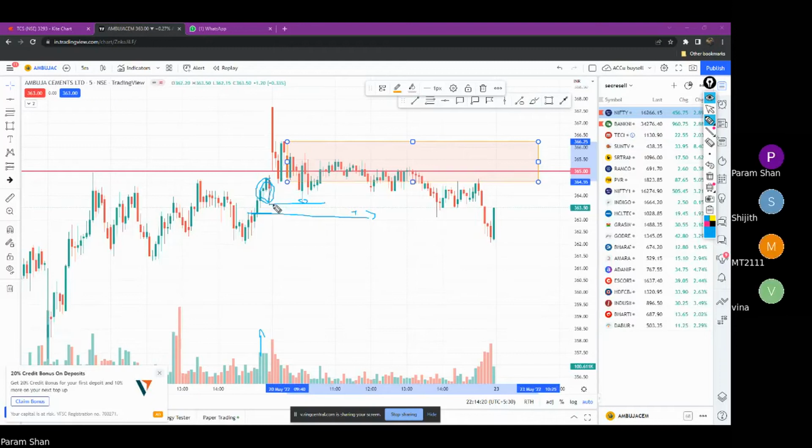I might have closed my position with a profit of at least 900 here, because the price value is very small. I took 500 shares here. I shorted here. This is a very small move, 365 to 363 something. That's why I said 900 rupees or 1100 or 1200. That range I might have got, not more than that.